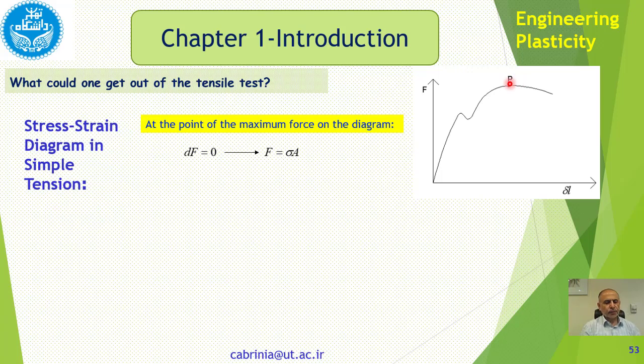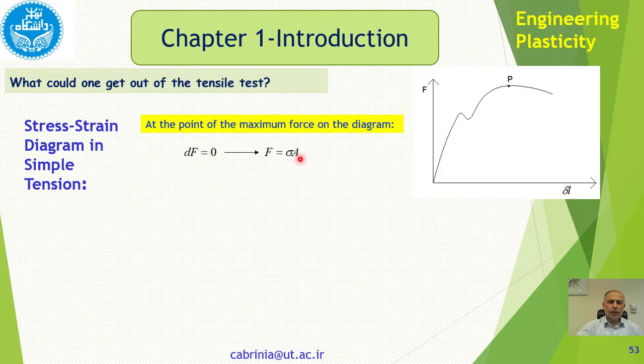You know, when we want to get the maximum or minimum point for a function, we differentiate it and put it equal to 0. That's what we have done here. Therefore dF, the differential of F, is 0, because that's the function in terms of delta L. But what is F?